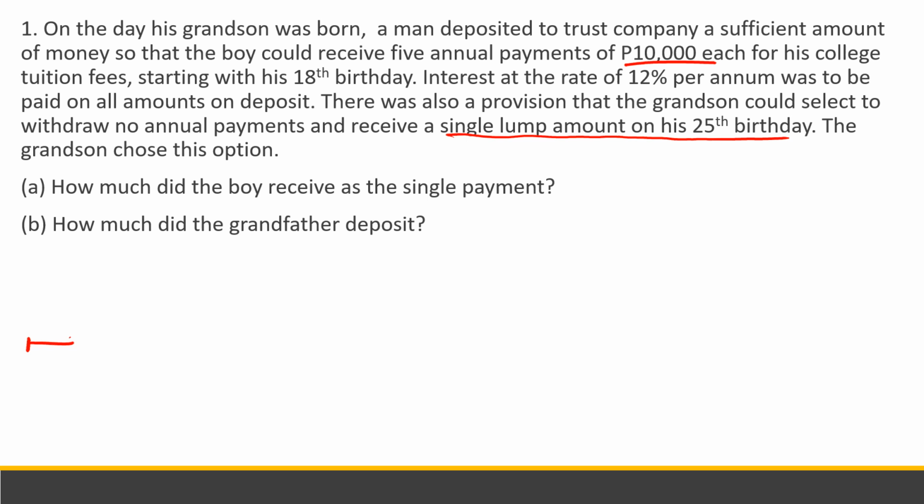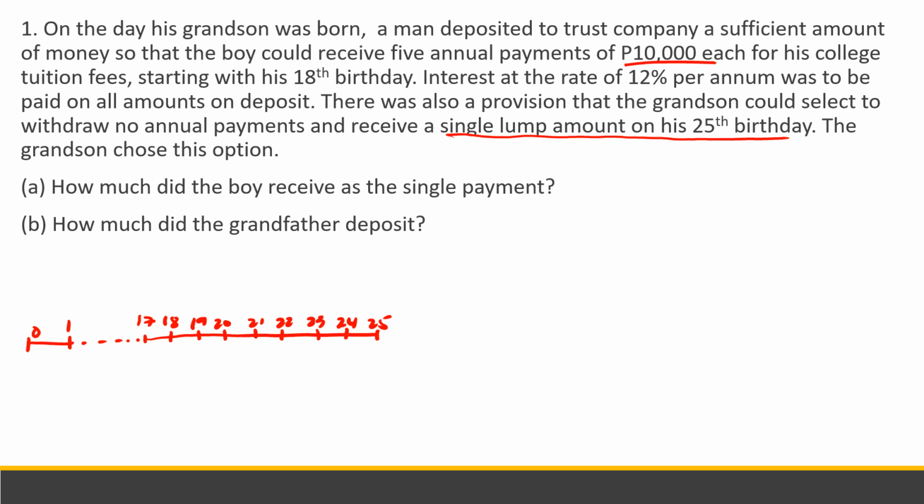So 0, 1. So since mahaba-haba siya, so shortcut na lang natin. This is 17, 18, 19, 20, 21, 22, 23, 24, 25. So 18, 19, 20, 21, 22, 23, 24, 25.